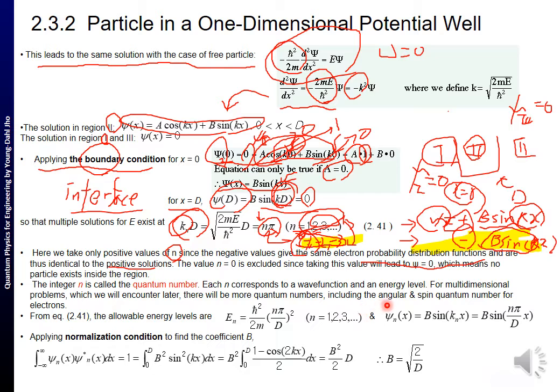And then there come the angular momentum and spin quantum numbers for electrons, which will be discussed later on. For equation 2.41, the allowable energy levels are now E_n equal to h bar squared over 2m, and then what is this? This is k squared.